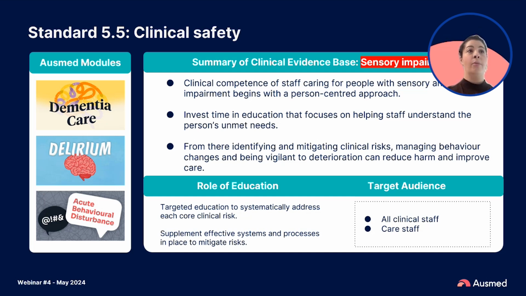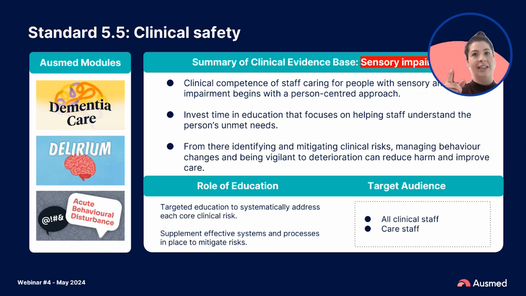When it comes to dementia, delirium, behavioral disturbance, cognitive impairment, I really encourage you to think about how we can help someone understand the importance of having a person's unmet needs met.